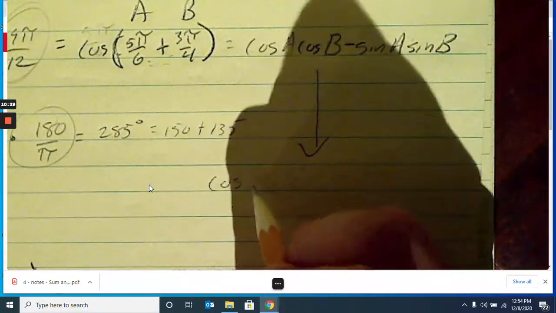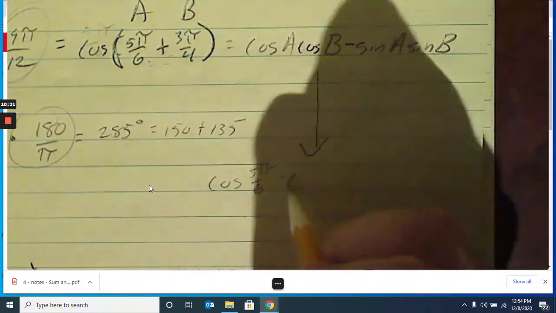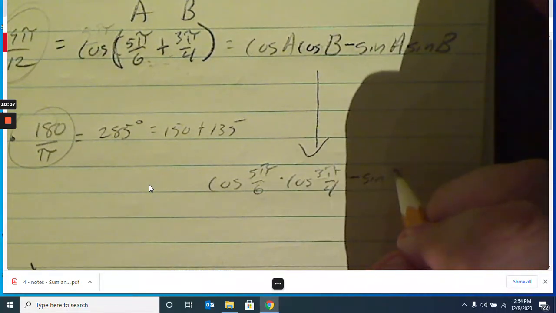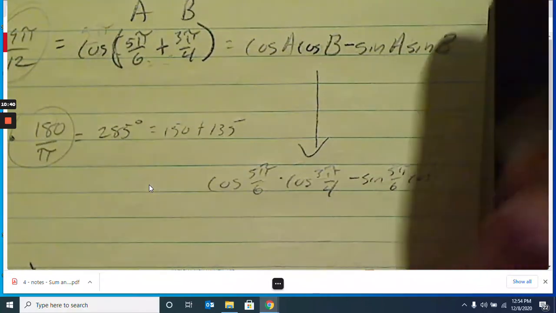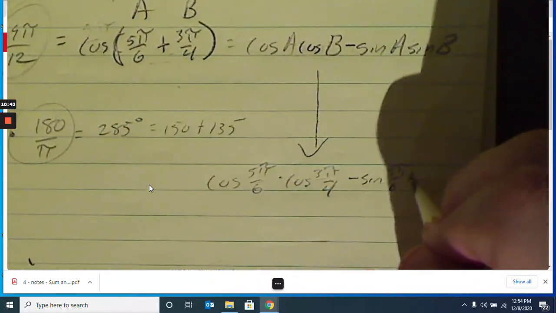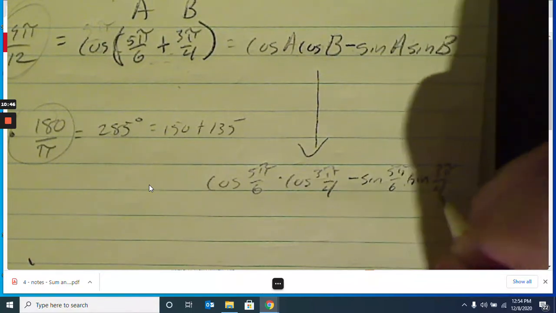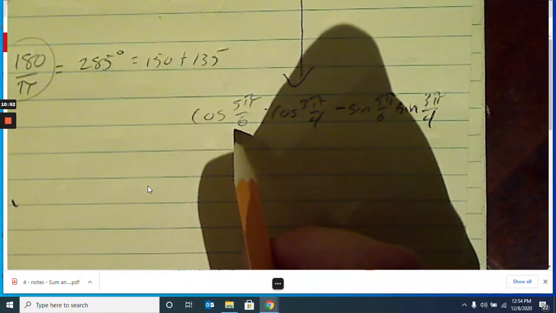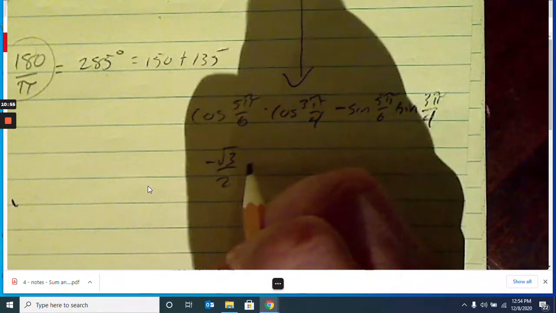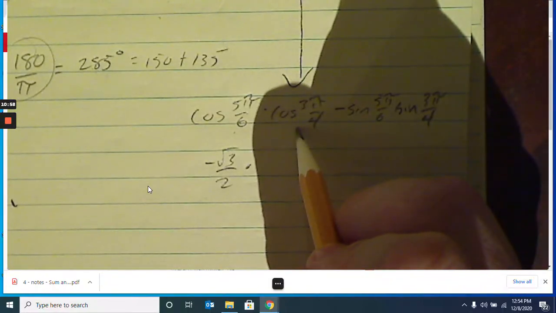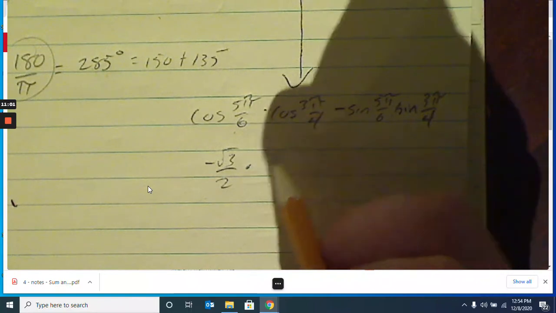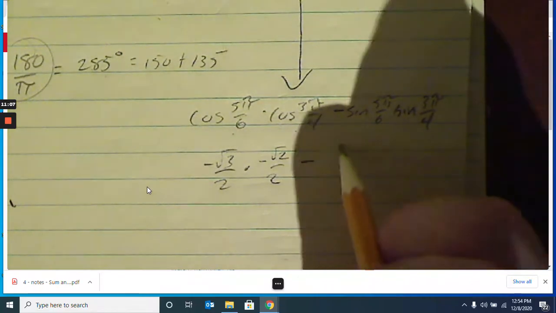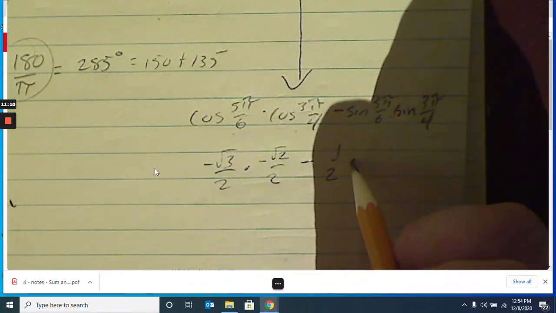Okay, so cosine of 5 pi over 6 times cosine of 3 pi over 4 minus sine of 5 pi over 6, I'm sorry, sine of 3 pi over 4, then I can replace my values. So cosine of 5 pi over 6 is negative root 3 over 2 times cosine of 3 pi over 4 is negative root 2 over 2 minus sine of 5 pi over 6 is 1/2 times sine of 3 pi over 4 is root 2 over 2.